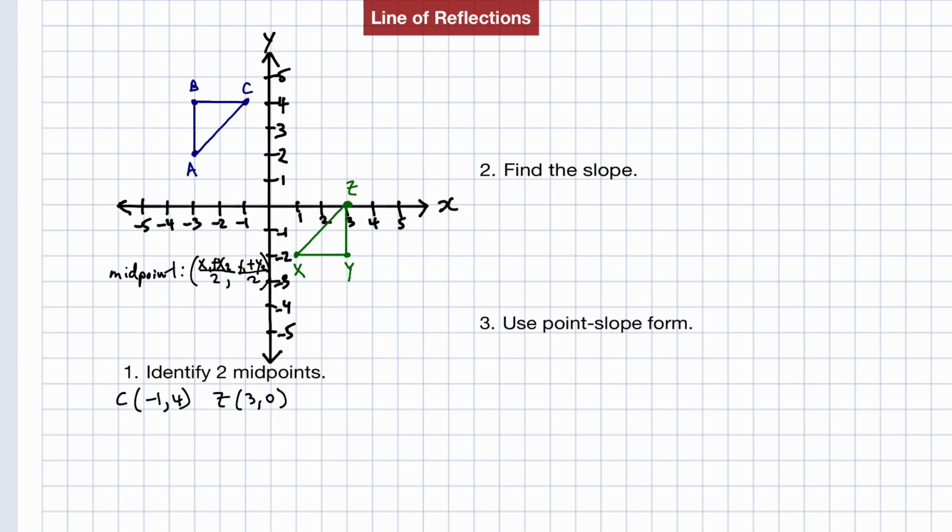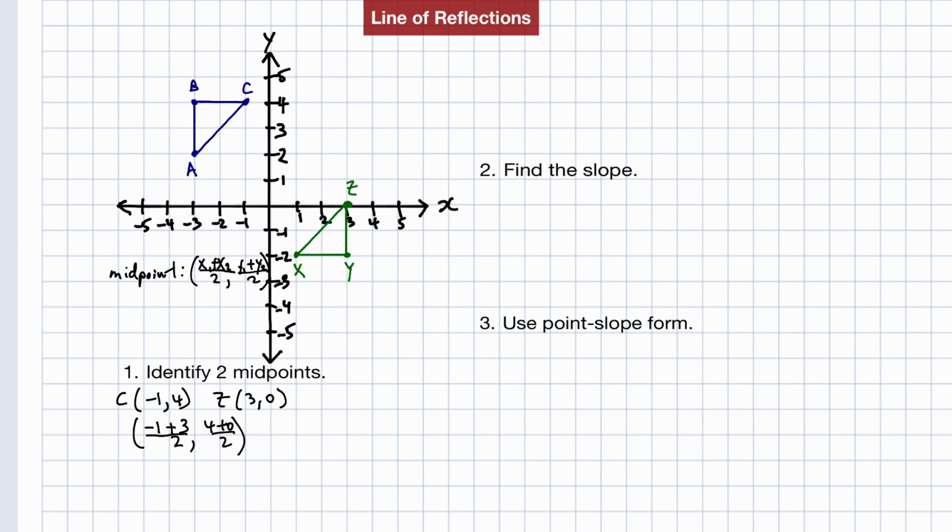If you take a look at these two points, we can call this x1, this x2, this y1, and this y2. We add those together and we get (-1 plus 3) divided by 2, comma, (4 plus 0) divided by 2.